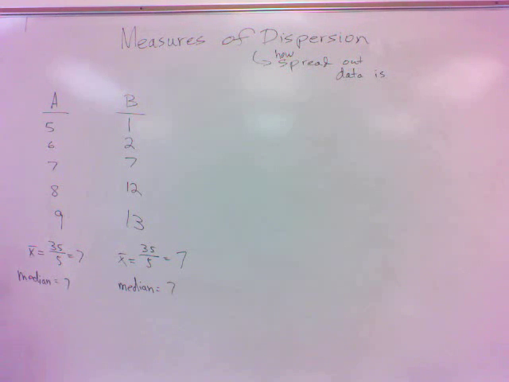Wouldn't we say A's values are closer together than B's are? In other words, A's are less dispersed. B's values are more dispersed, right?